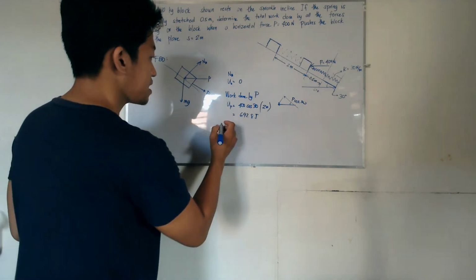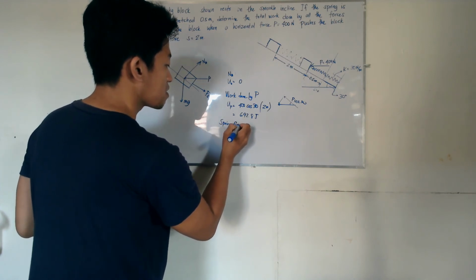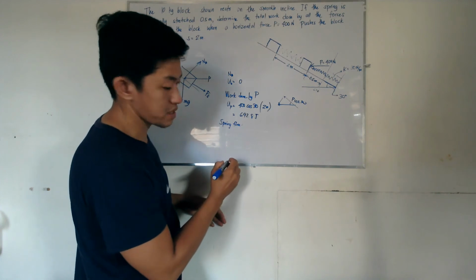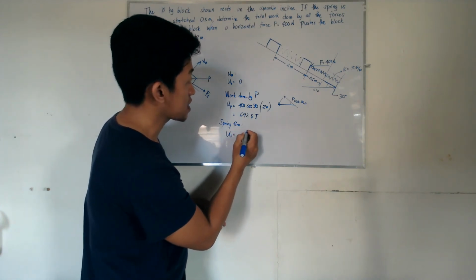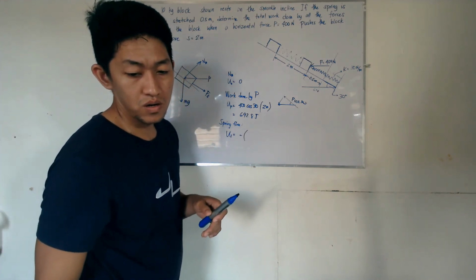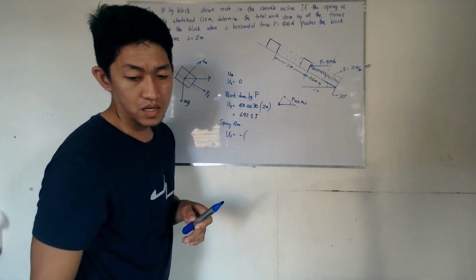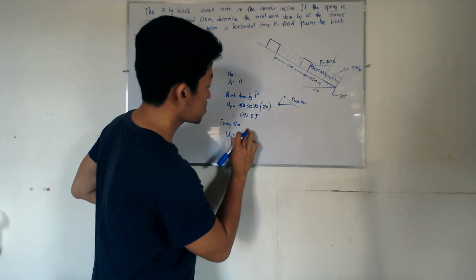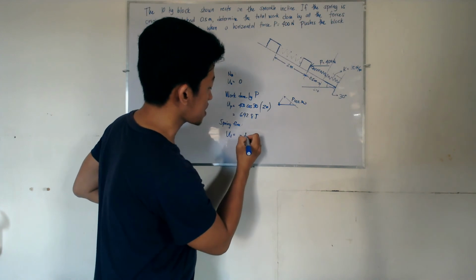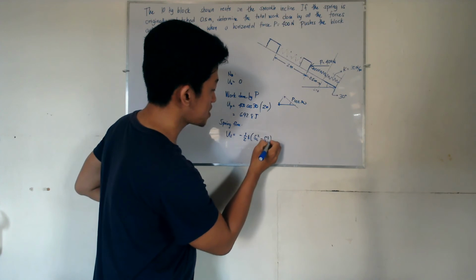Work done by spring force. What is the work done by spring force? Again, the equation is negative 1/2 K, S sub 2 squared minus S sub 1 squared.